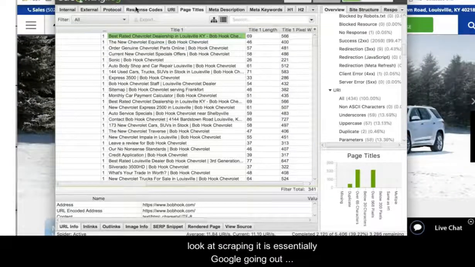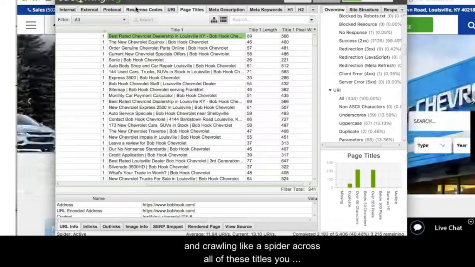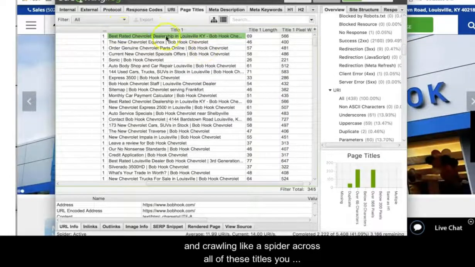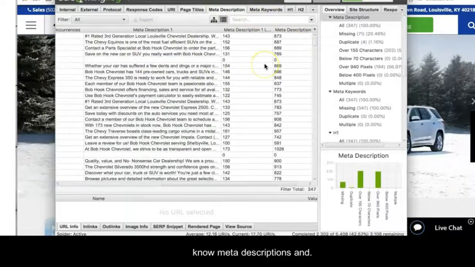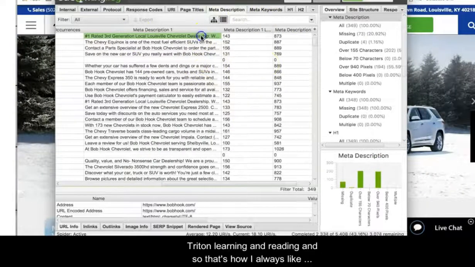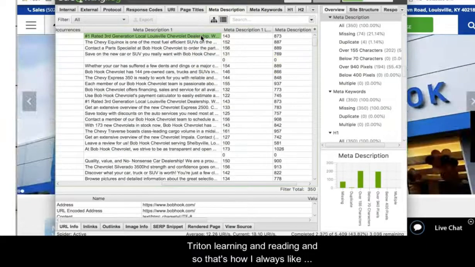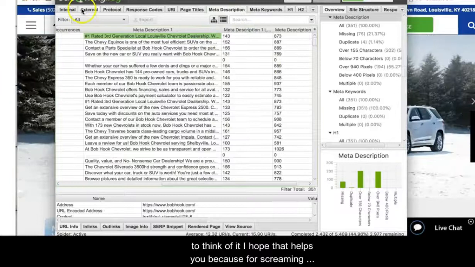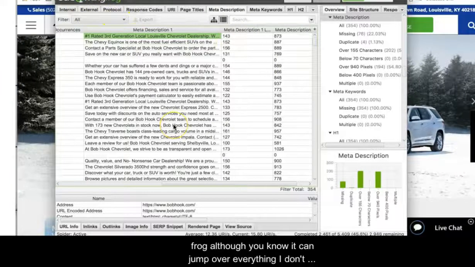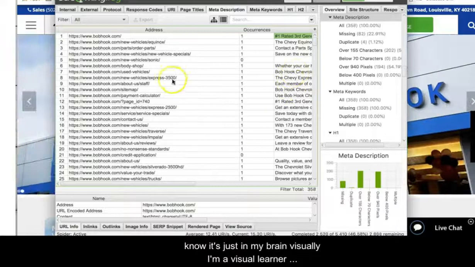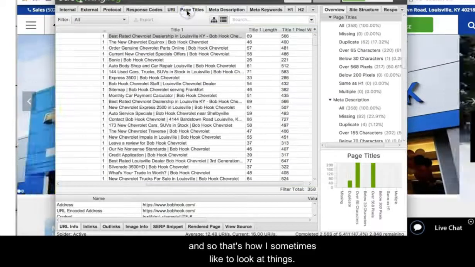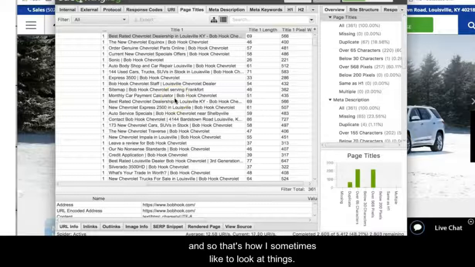It is essentially Google going out and crawling like a spider across all of these titles, meta descriptions, and learning and reading. And so that's how I always like to think of it. I hope that helps you. It's just in my brain visually. I'm a visual learner. And so that's how I sometimes like to look at things.